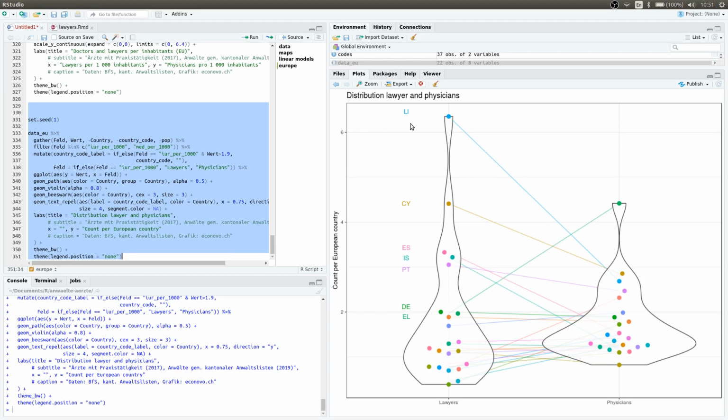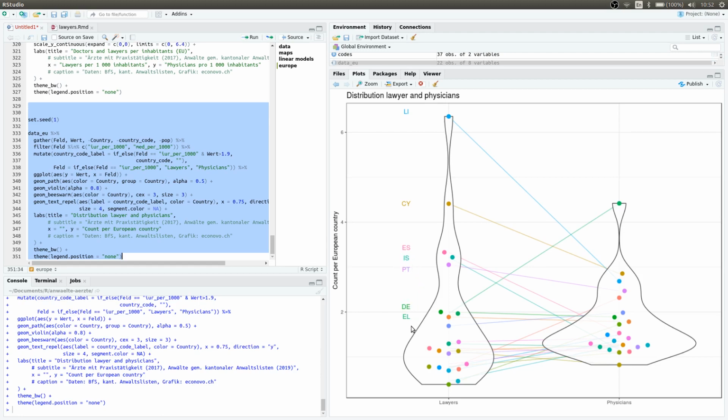Liechtenstein, a lot of international companies, holding companies, not actually producing there, but being there for tax reasons. Same for Cyprus. Not 100% sure for the Iberic countries, Spain, Portugal. Iceland might also be an international domicile for companies.